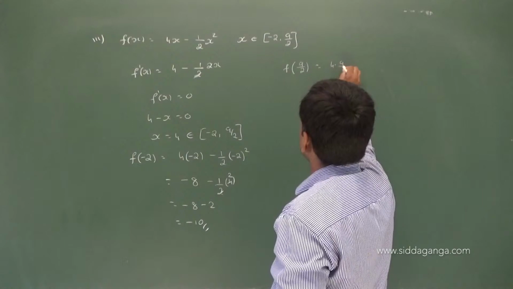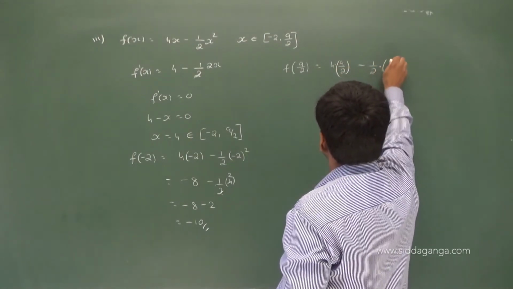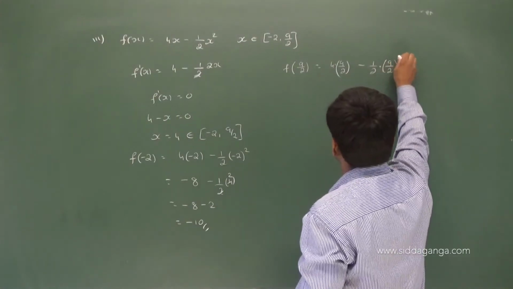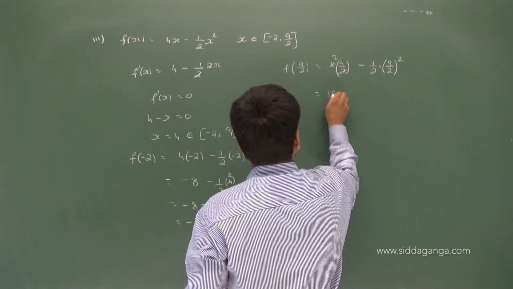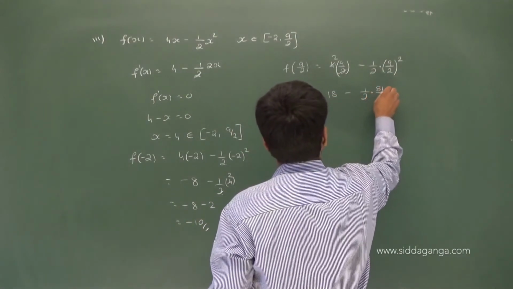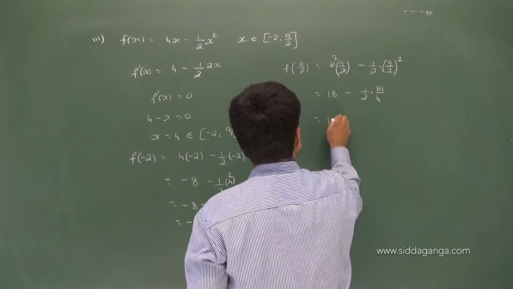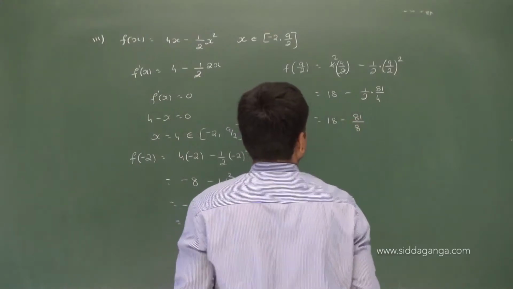4 into 9 by 2, minus 1 by 2 into 9 by 2 whole square. 2 twos are 18 minus 1 by 2 times 81 by 4, that is 81 by 8.